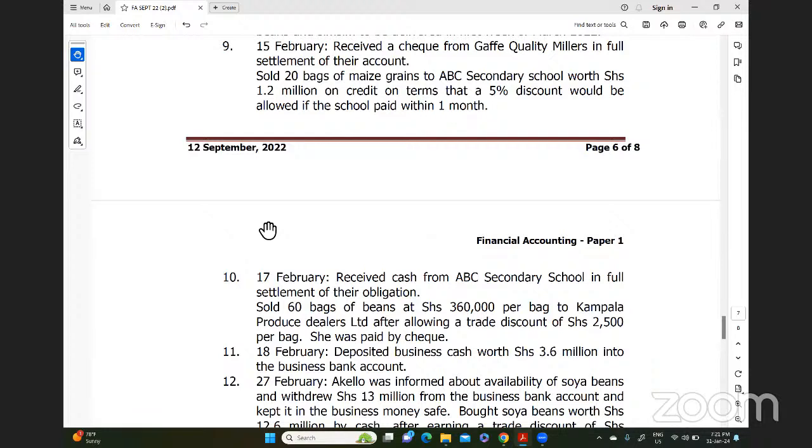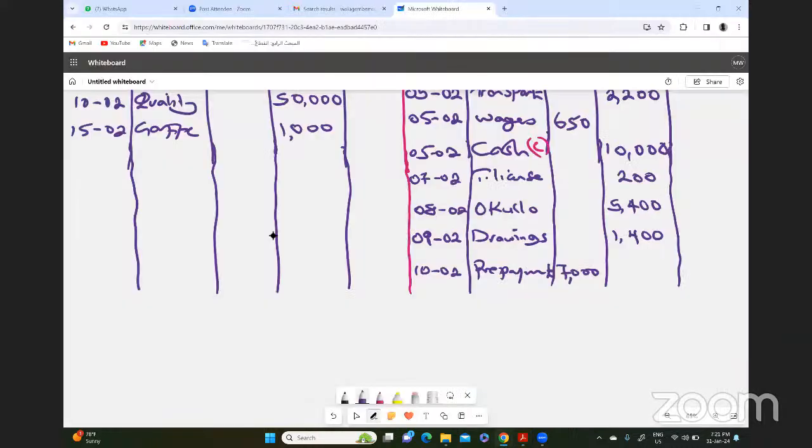Okay, guys, what is the discount? It is 5%. The discount is 60,000, and that is a discount allowed, not so? So ABC is giving a discount of 60. And then how much are we actually going to receive?